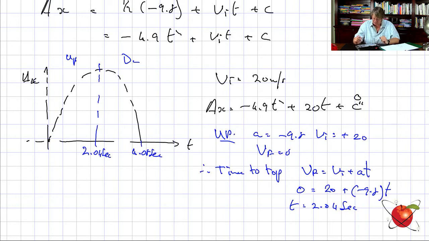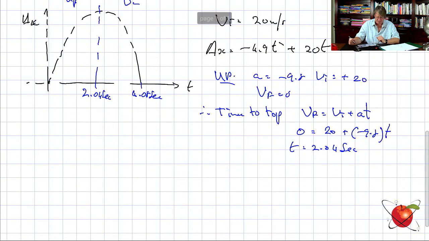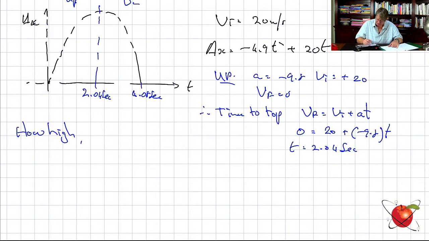Okay, so now we say, all right, what about how far? How high did it go? How high did our parabola go? We said delta x is equal to v initial t plus a half a t squared, remember?